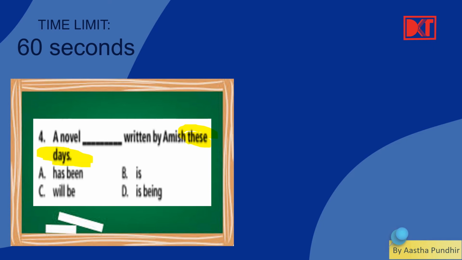And also here the V3 form is anyway given. We just have to fill in the auxiliary verb. The correct answer is D, is being written, because we are talking about something that's been happening. It is a continuous form. So a novel is being written. Has been is the present perfect, is could be used for simple present, will is for future.